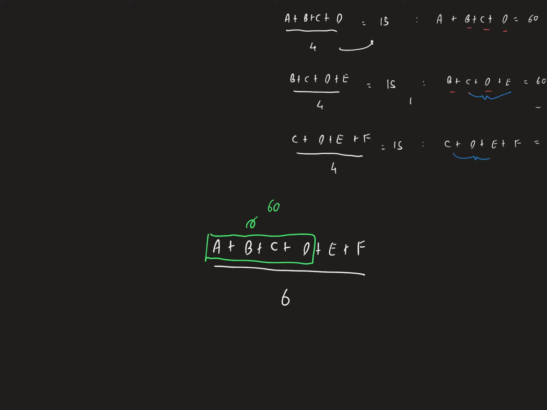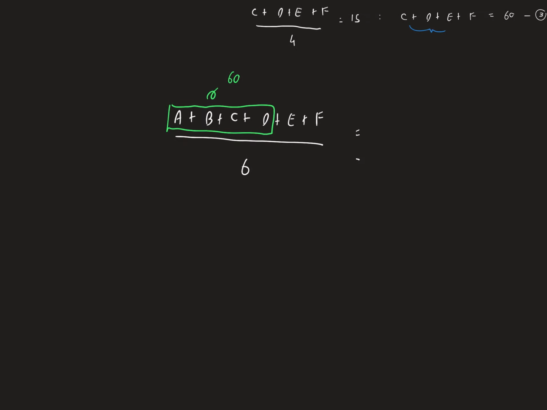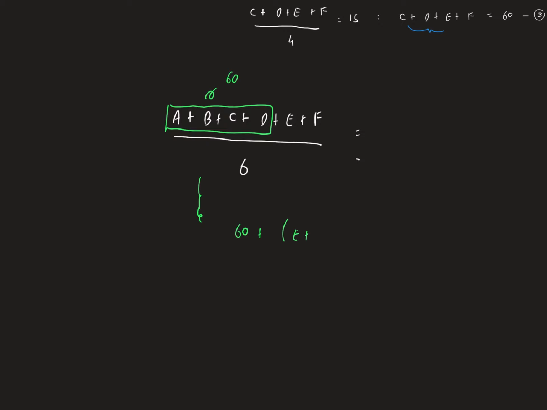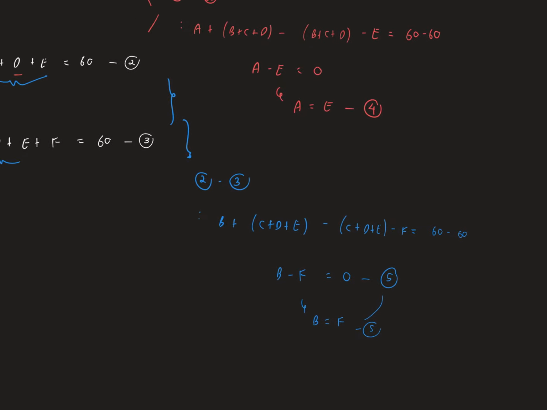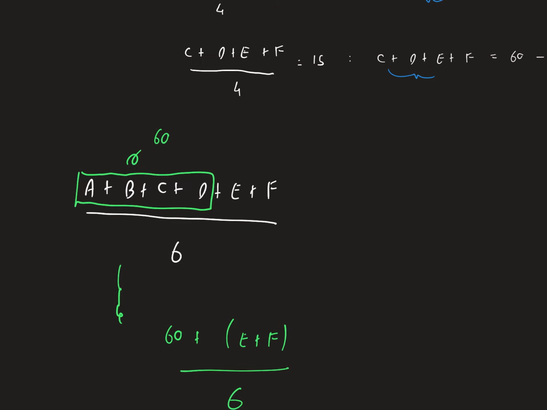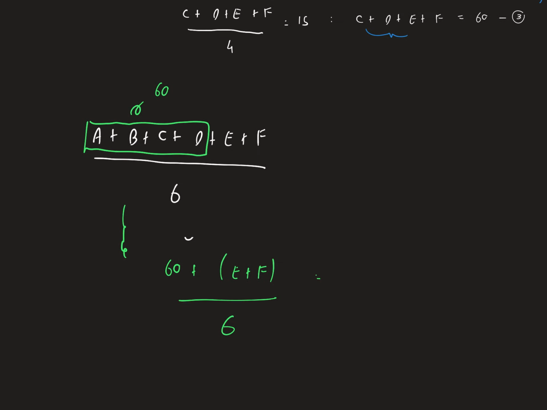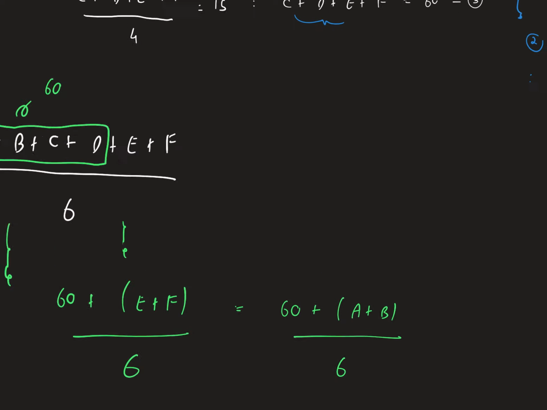So the problem actually asks us what's the lowest value of 60 plus E plus F over 6? Or in other words, if I substitute A and B for E and F respectively, what's the lowest value of 60 plus A plus B divided by 6.